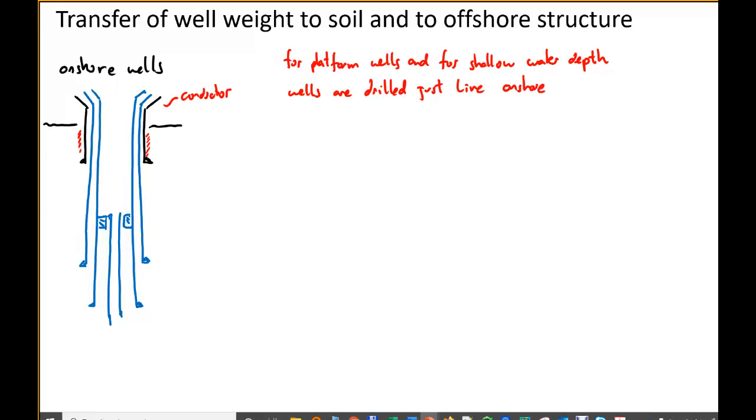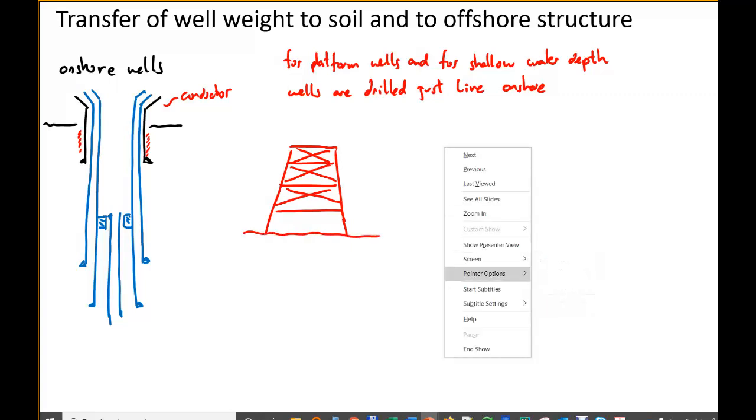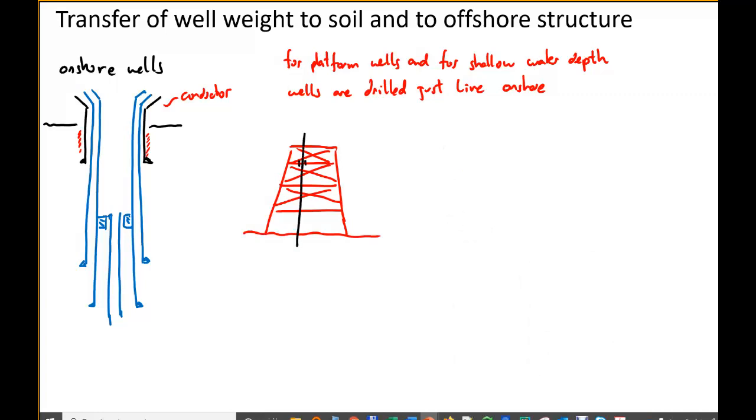And you sometimes see on the platform, for example, on the jacket, that you have some structure that keeps it aligned, so that they keep it straight, depending on the water depth.